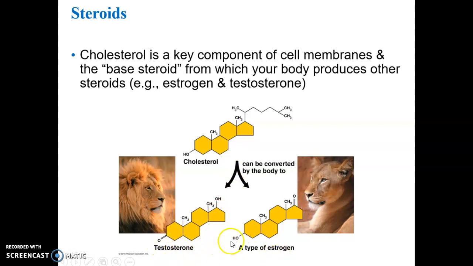There's an oxygen here and an OH there, and then an OH here and an oxygen there, and that's it. Those 2 functional group differences cause pretty significant differences in the effects of these hormones on bodily tissues and organs, and of course on the entire body itself.